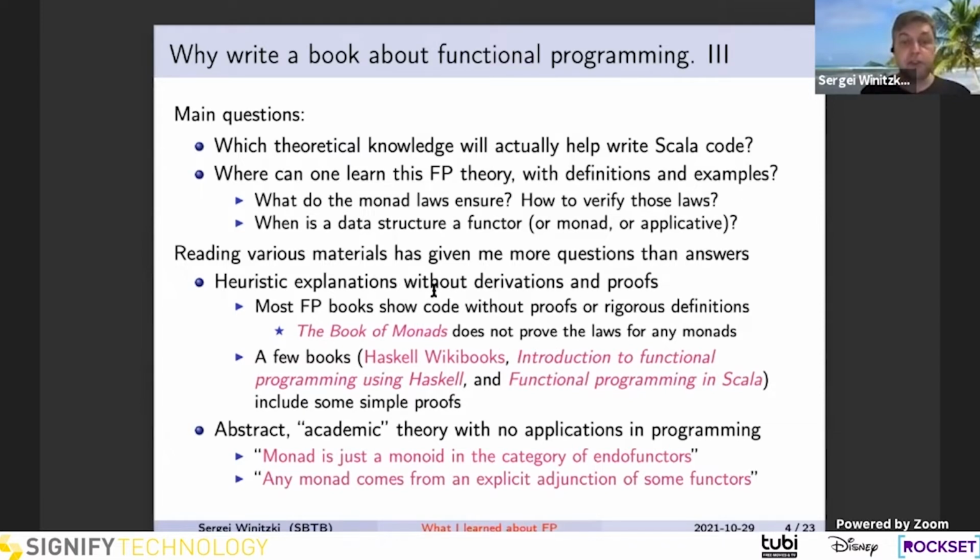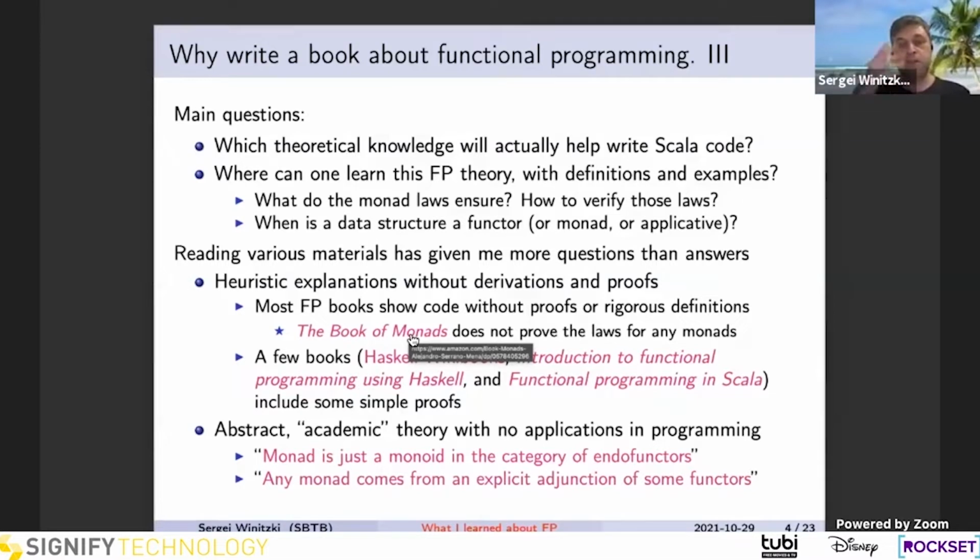For instance, a lot of materials, a lot of books have heuristic explanations without derivations and without proofs. Here's an example, a recently published book, The Book of Monads, which I looked forward to. It's a very good and interesting book, but it does not actually prove the monad laws for any of the monads. It shows you the laws, but it never proves them.